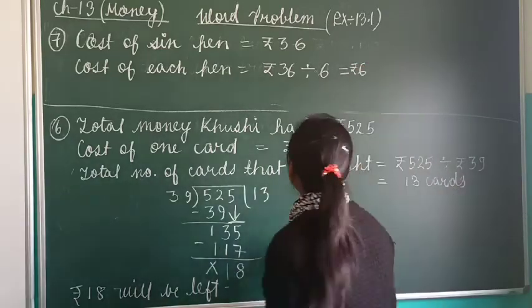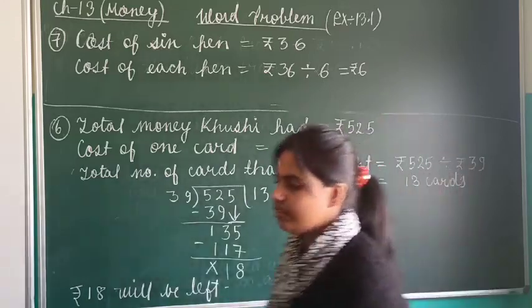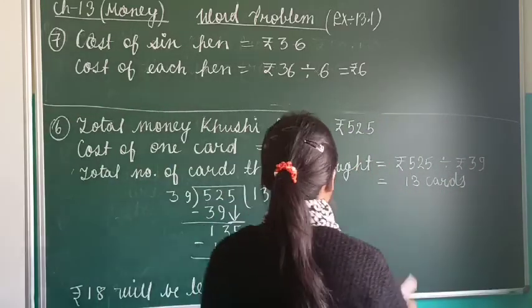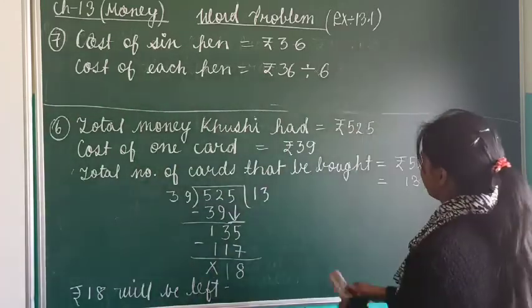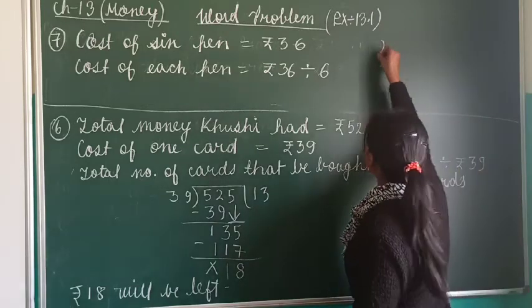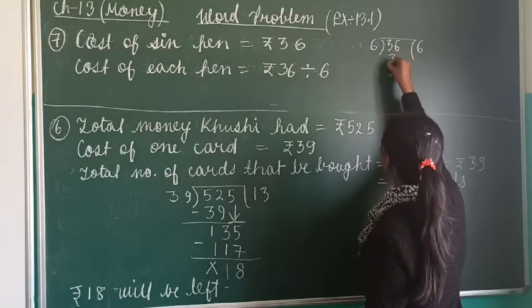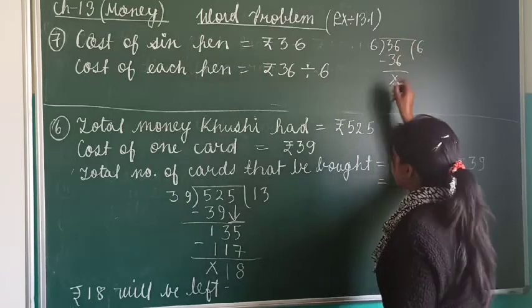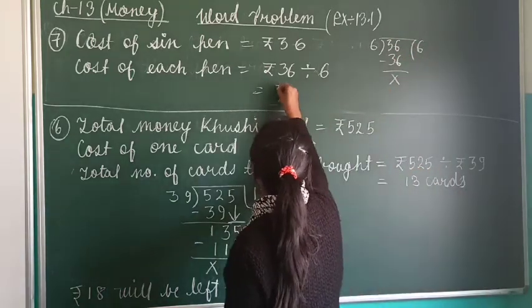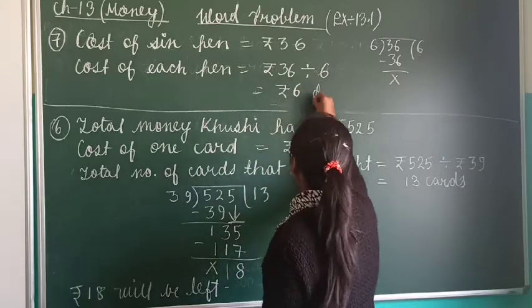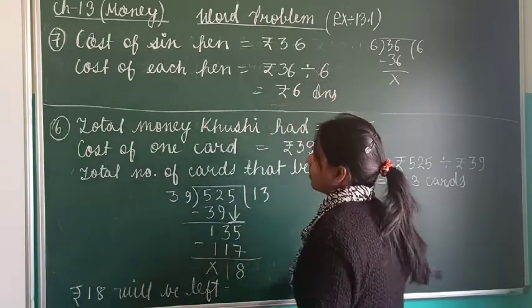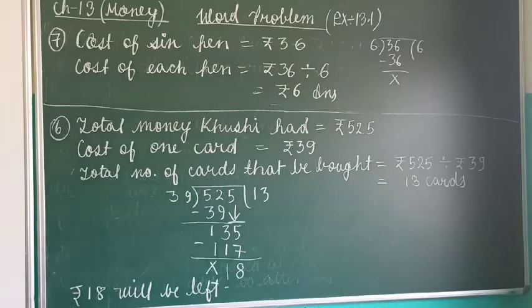If you want, you can show the division also here before writing the answer. 36 divided by 6, 6 sixes are 36. So I directly wrote the answer. Answer will be rupees 6. This is how the word problems of exercise 13.1 are over.